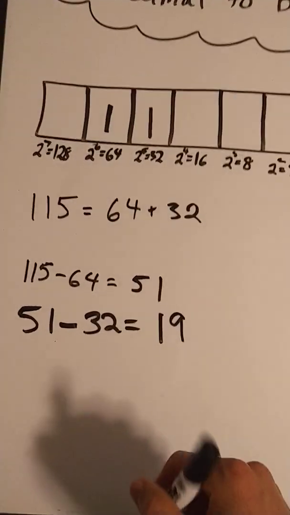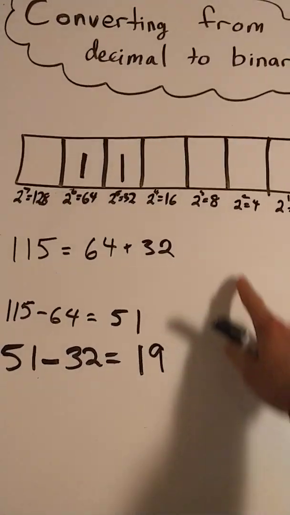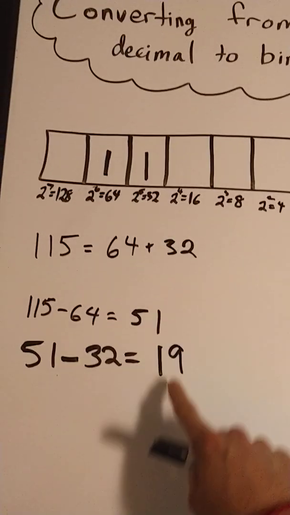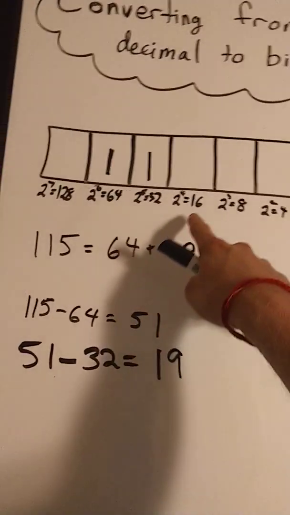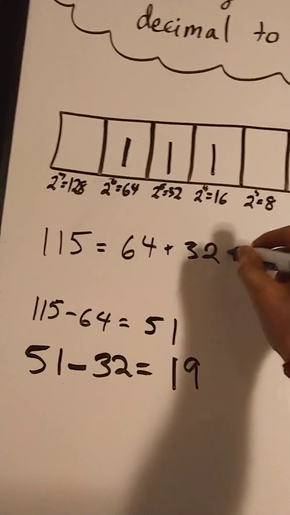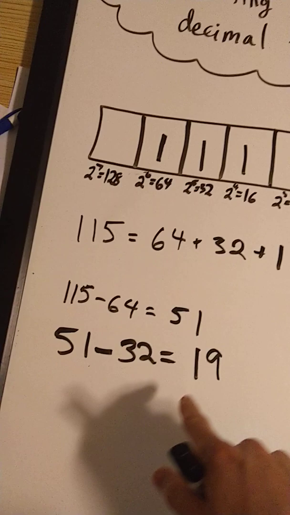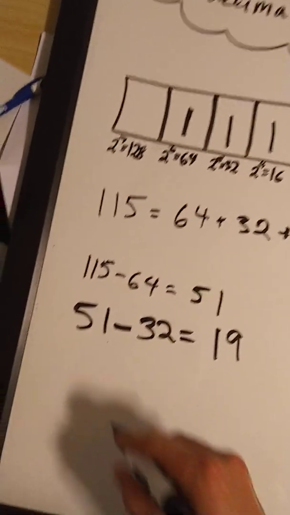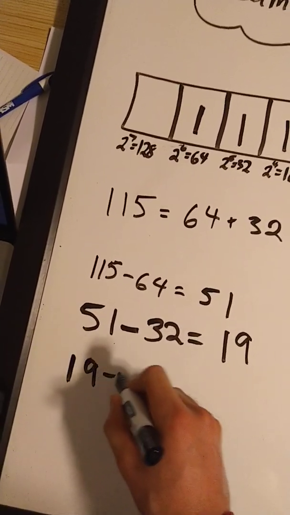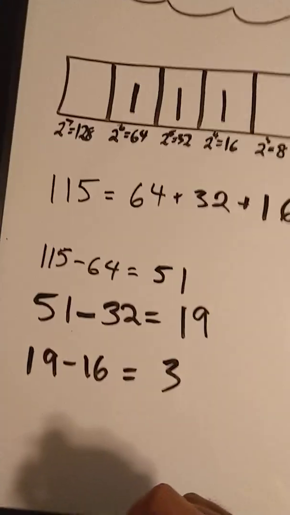Again, this is not a power of 2, so I have to use that process again: find the largest number that does not go over this. In this case, 16 would work, so I put a 1. I add my 16 onto my list here, and then I take 19 and subtract 16. So 19 minus 16 is equal to 3.